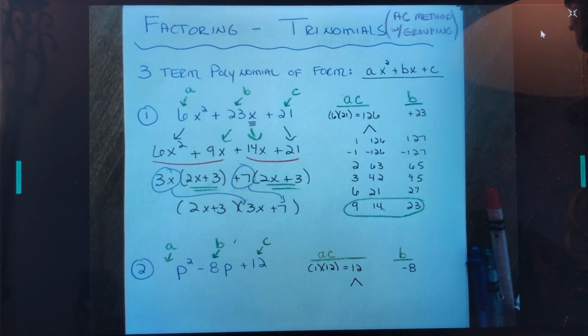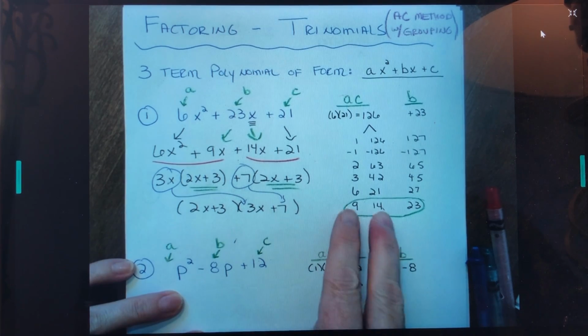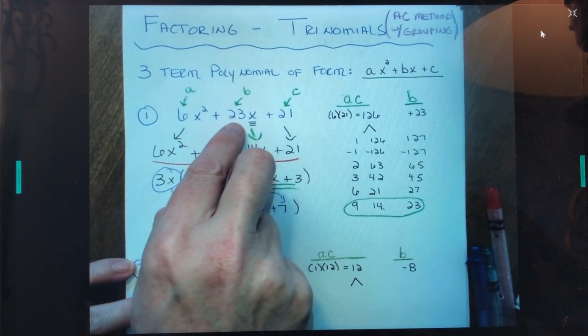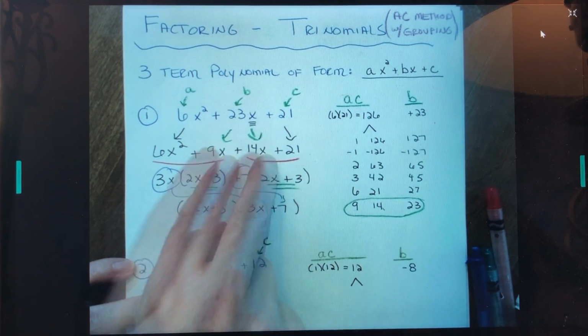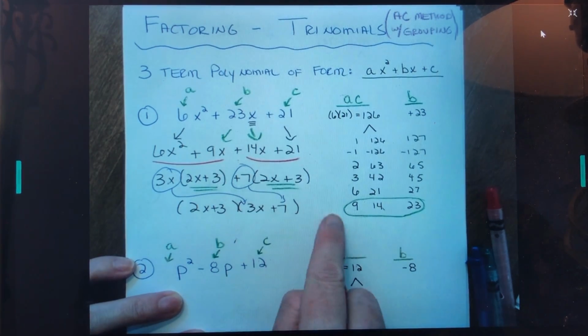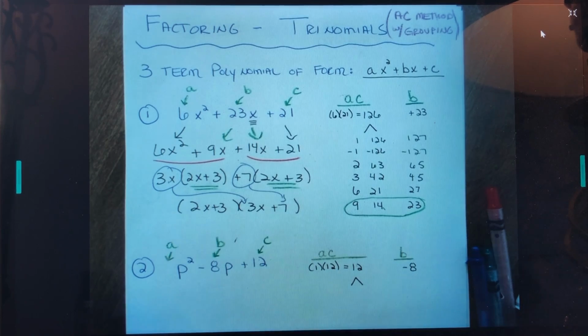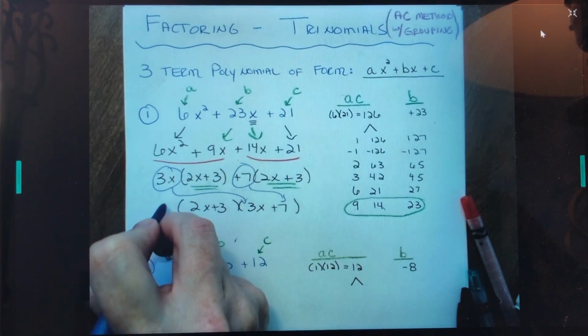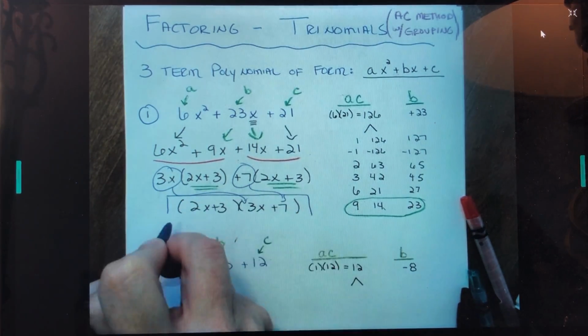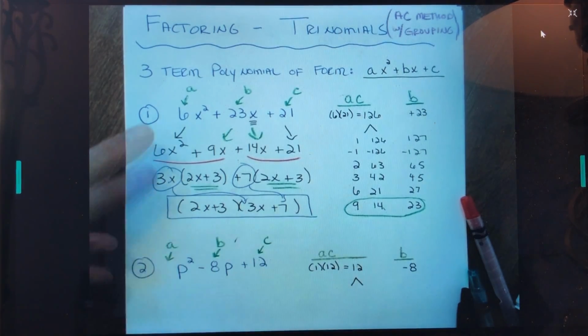It's a common question that we get in the Learning Center: how do I know which order to put them in? And at the end of the day, it does not matter as long as you get them both put in by breaking this term apart and get the signs correct, you will get to the same place, the same answer. So this will be my answer for the factorization of this trinomial.